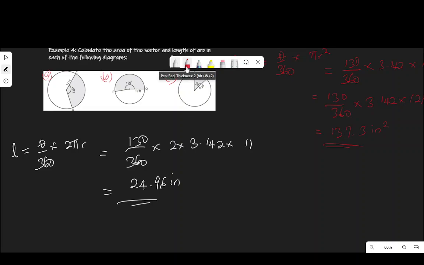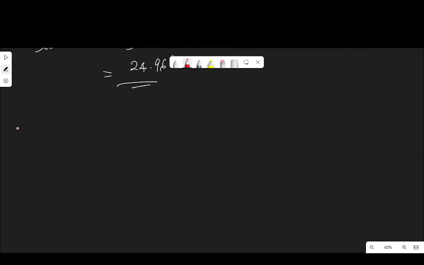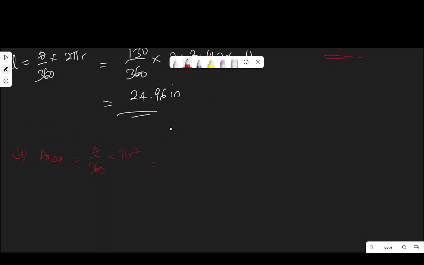Now for B, let me do B here and create some space. B, area of a sector is theta over 360 times pi r squared. And what is the angle there?